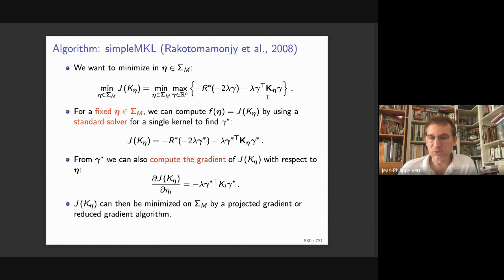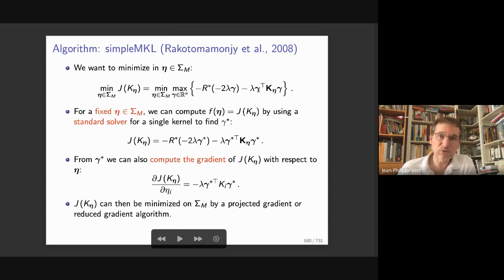So for example, in the course, you may have implemented by yourself kernel ridge regression or kernel logistic regression, or you may have implemented or used software for support vector machines. All these softwares, for a fixed kernel, if you fix eta, solve the dual problem.